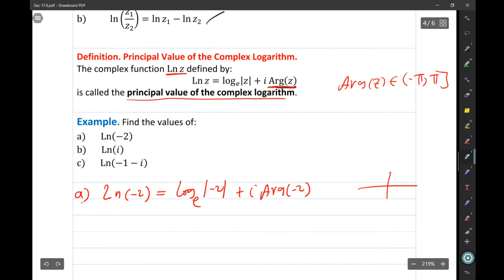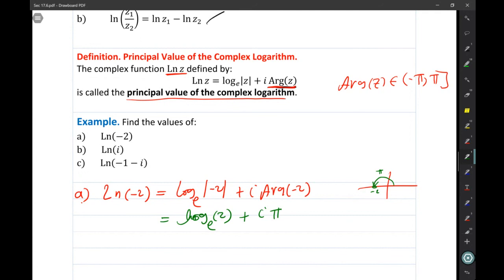This is minus 2 here. So the principal argument is pi. So that becomes logarithm of 2 with base e plus i pi. Now you just calculate this one: 0.69315 plus i pi.